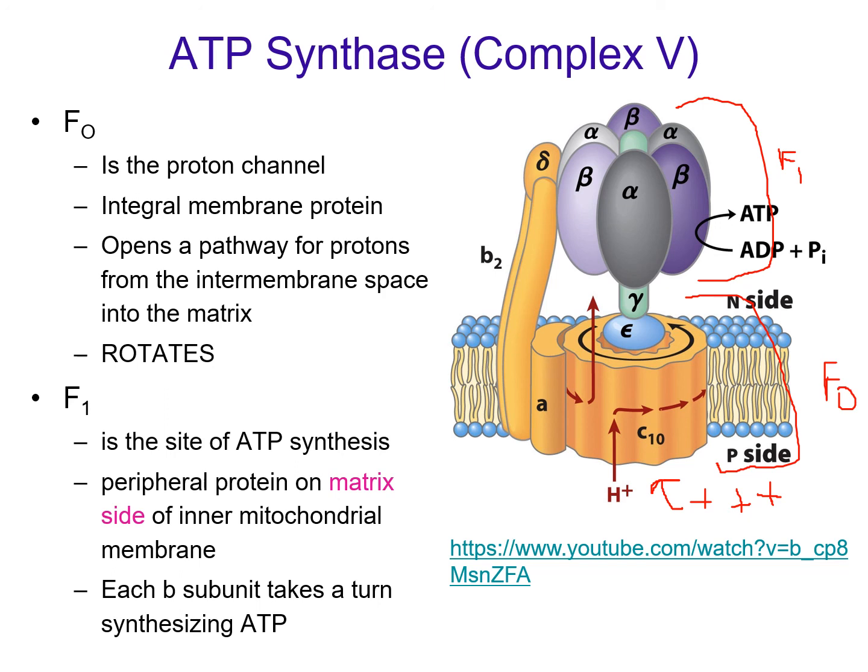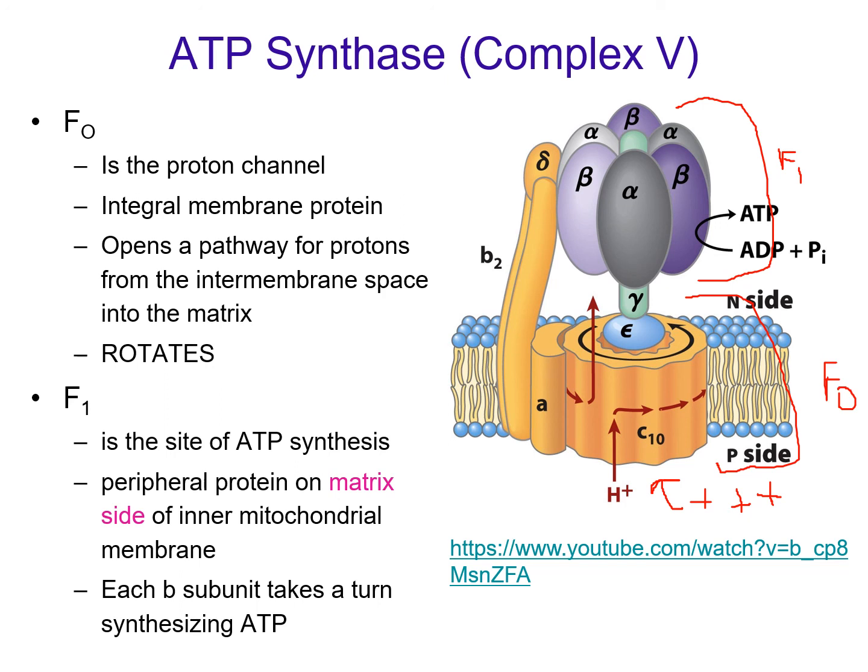As this rotates, we're going to see some conformational change in the F1 side, that's on the matrix side. So protons are going to cause a conformational change, which is a rotation of FO. As FO rotates, we're going to see conformational changes in the F1 side, which has all these subunits, 3 alpha subunits and 3 beta subunits.